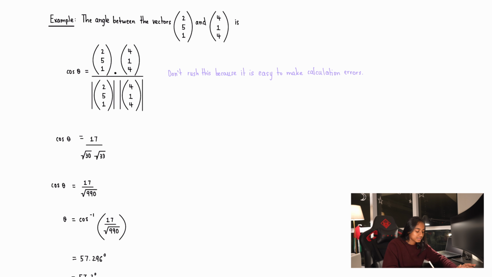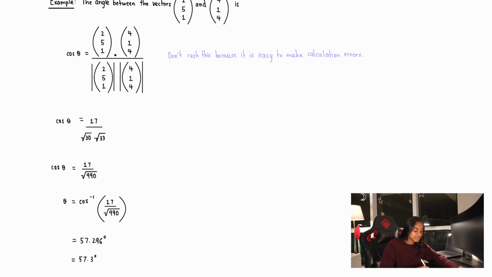We would get this, and then we have cos theta is equal to this after we simplified it, and then, as I told you before, theta is equal to the cos inverse of 17 over the square root of 990. Plug it in your calculator. I know you trust your brain. Plug it in your calculator. And then you get 57.3 degrees to be the angle between these two vectors, and that's the solution, y'all.